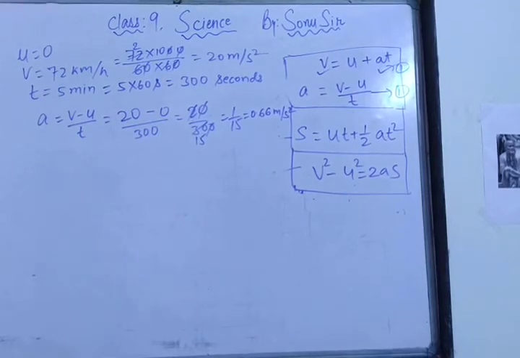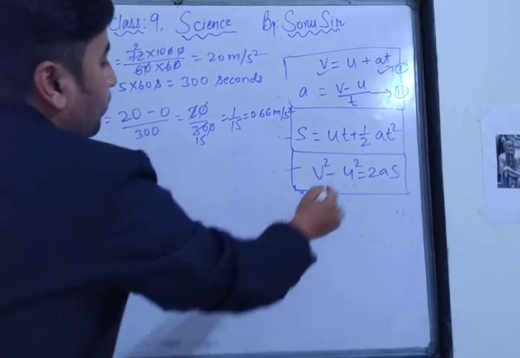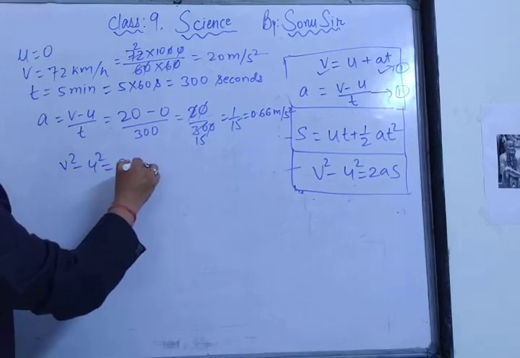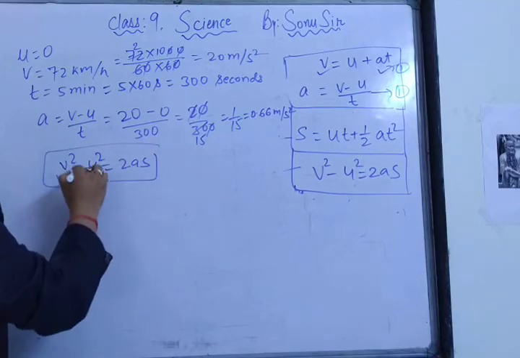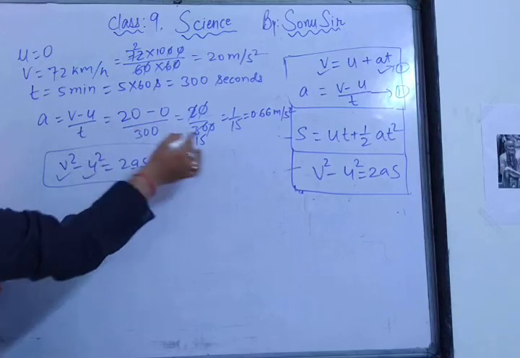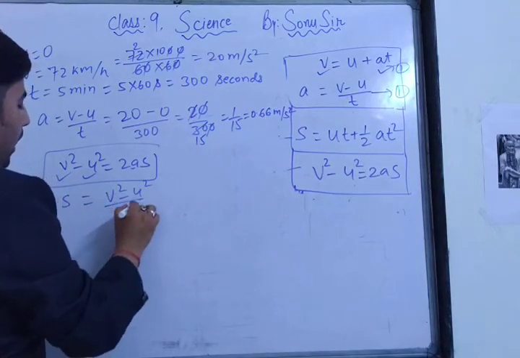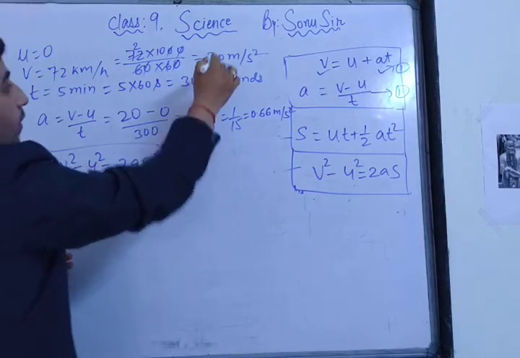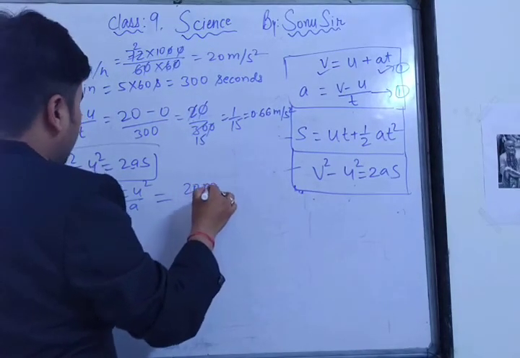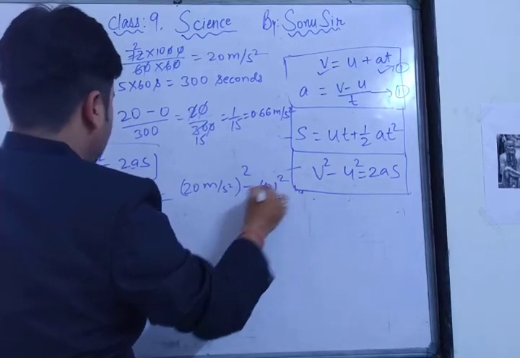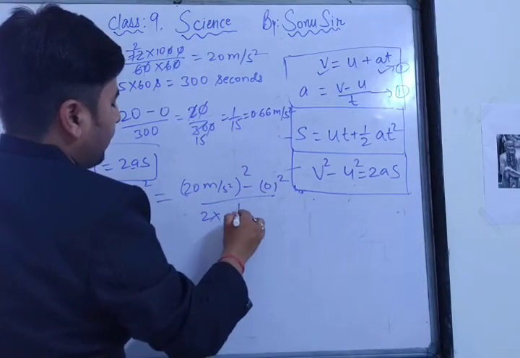So we know what will be the distance. Here, see, u and v are there. So what is the third equation here? v square minus u square is equal to 2as. See, v is given, u is given, a right now we have found. So s is equal to v square minus u square upon 2a. What is the value of v? v is 20 meter per second whole square. u is equal to 0 and 2 into 1 by 15.